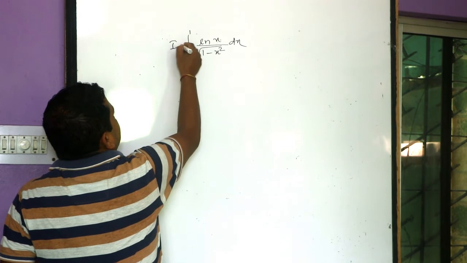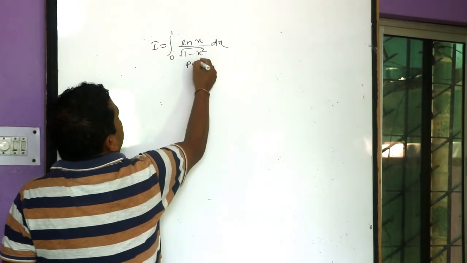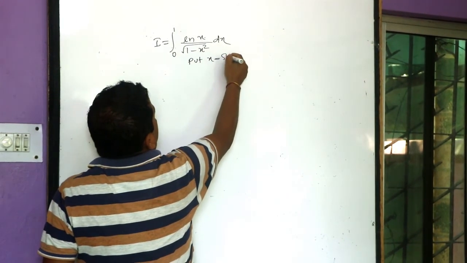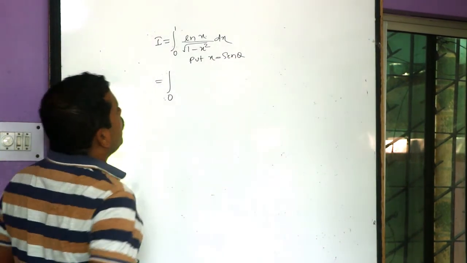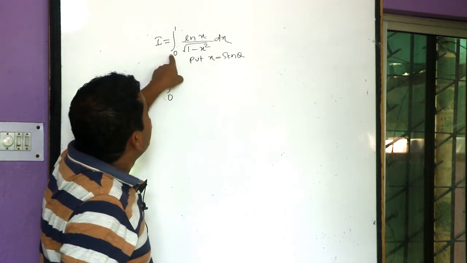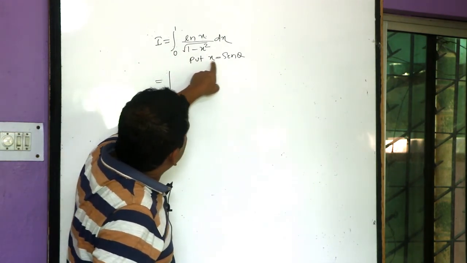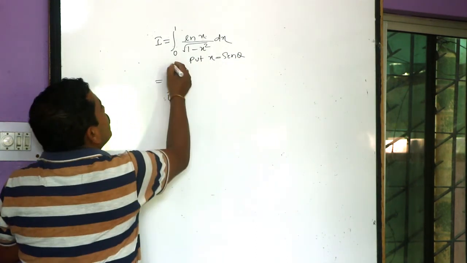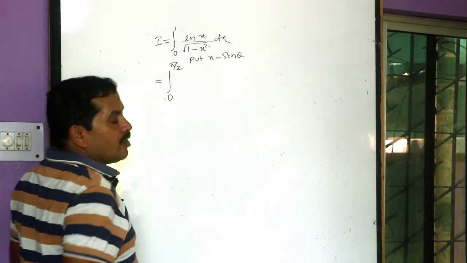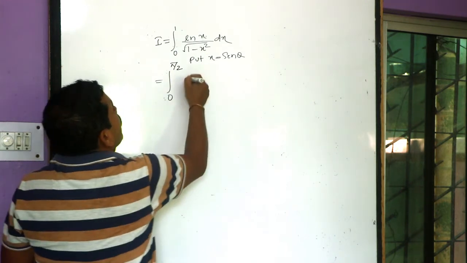Here take it as I and put x as sin theta. Now the limit of the integration will be 0, because sin 0 is 0, and when it is 1, sin theta is 1, meaning theta is equal to pi by 2. So the integration will be 0 to pi by 2.